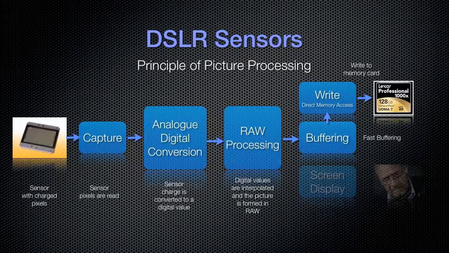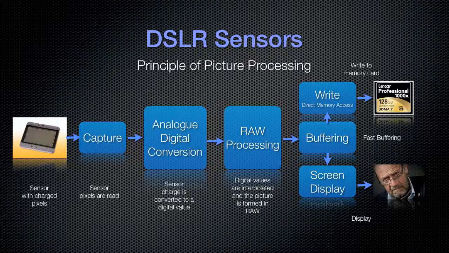And the reason for that is that memory cards are slow, and if we had to wait for the write function to complete to the memory card, you would be sitting there a few seconds before you could actually shoot your next picture. And finally, you can display your picture on the back of your camera. Now, this can either come from the buffering or directly from the memory card.